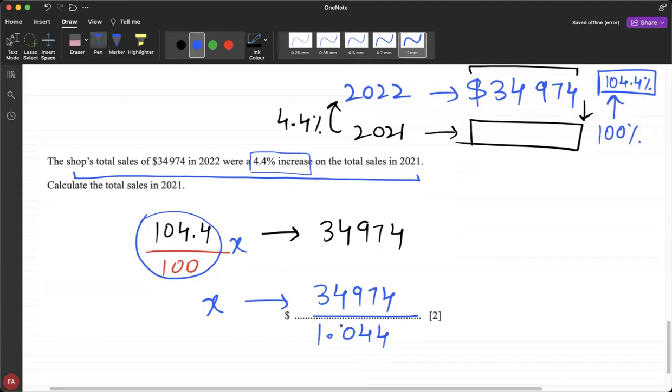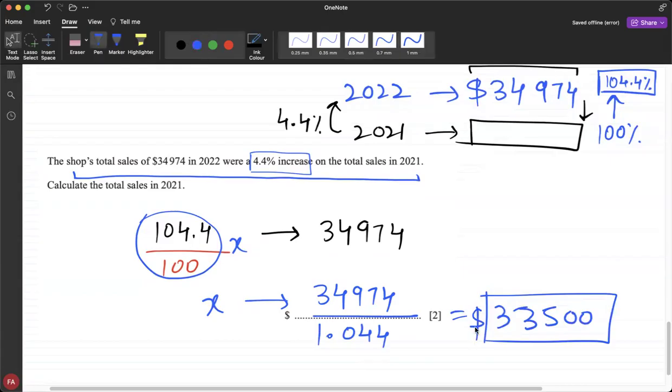Now, how did I get this? Very easy. I divided 104.4 by 100, and I'm just representing this in decimal. If you calculated this in your calculator, you'd realize that the answer comes out to be 33,500. I know some of you are confused right now, so let me explain this again.